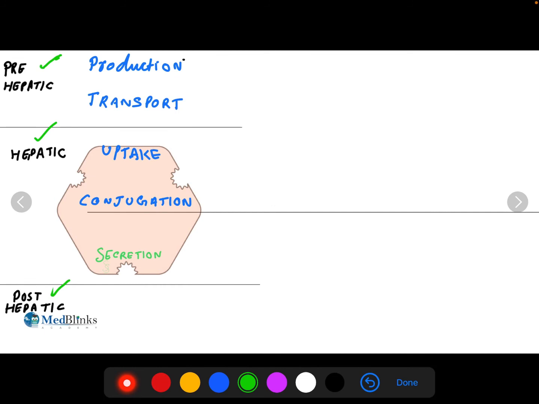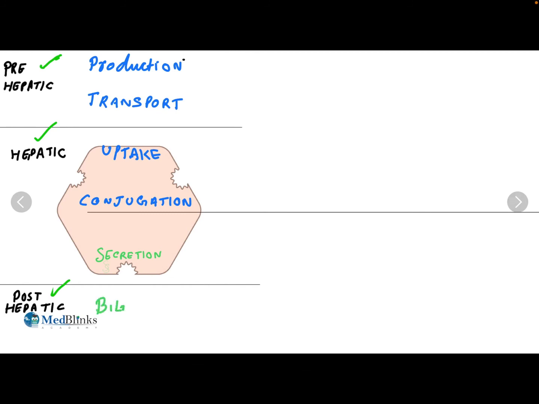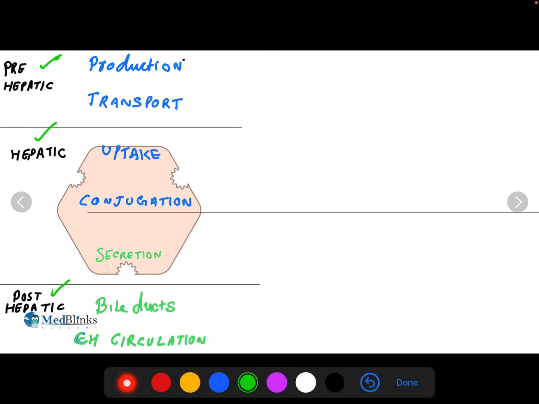And after the liver, if there is any cause, that's called the post-hepatic reason for jaundice, and it could be the biliary system, any obstruction in the biliary tract, or some problem with the enterohepatic circulation. So one must remember that reasons for jaundice can be prehepatic, hepatic or post-hepatic.